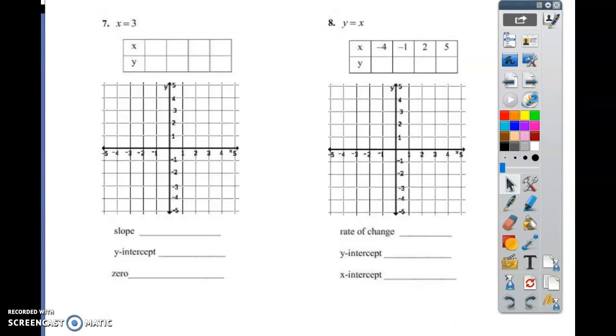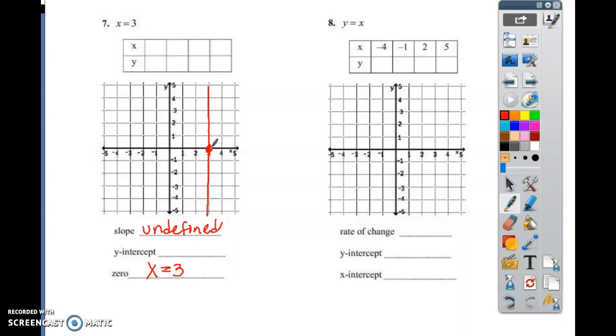So I would write undefined, because it goes right here through the 3, and it's a vertical line. That's an undefined slope. So I know that my 0, this is my 0, my x-intercept is at 3. So my 0 is at x equals 3.